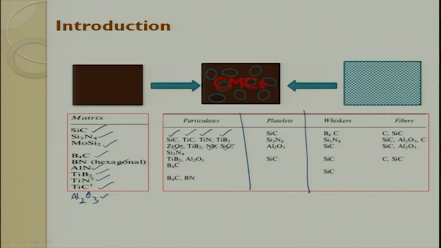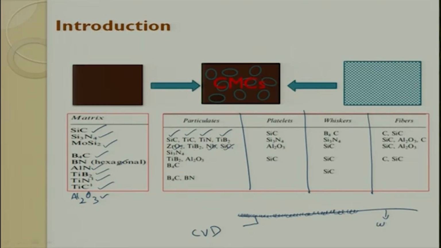It can be in platelet form, it can be in whisker form, and today we have also started using fiber form. You will have a fiber which is made out of metal, and this metal will be coated with ceramic material. So, this is a coating which is done on top of the metal. Now the fiber is called a ceramic fiber. Predominantly this is done by the chemical vapor deposition process, the CVD process.